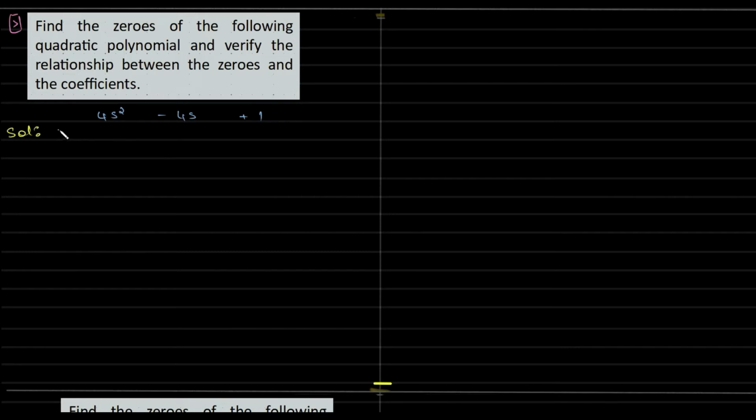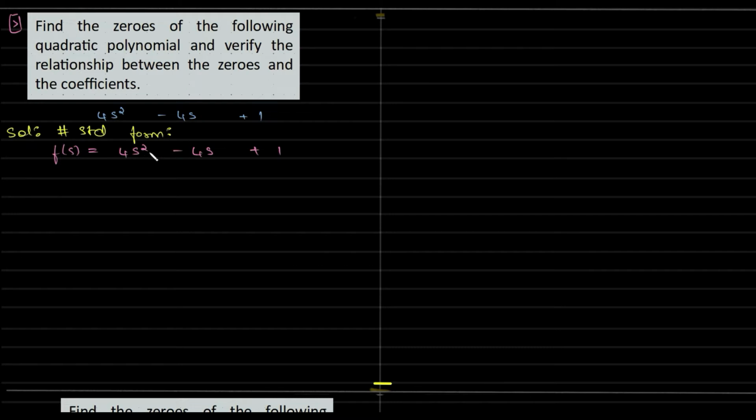So first, we'll have to write the given expression in the standard form. Okay, so we are looking at f of s is equal to 4s square minus 4s plus 1. A few of you might be confused: why is it s, why not x or something?